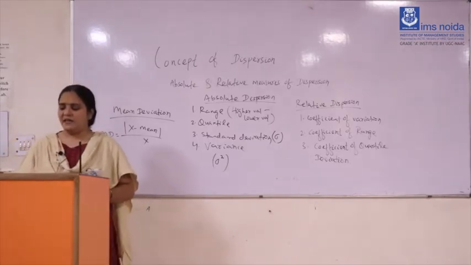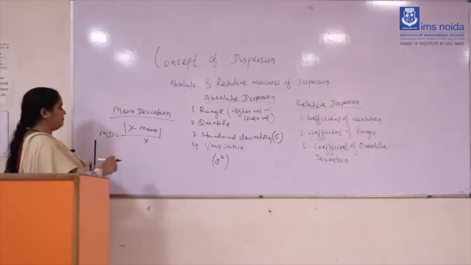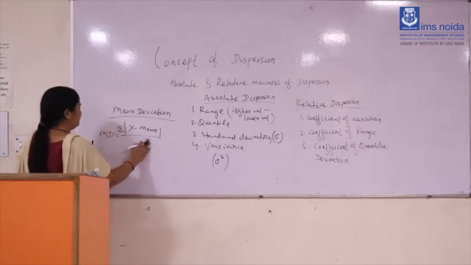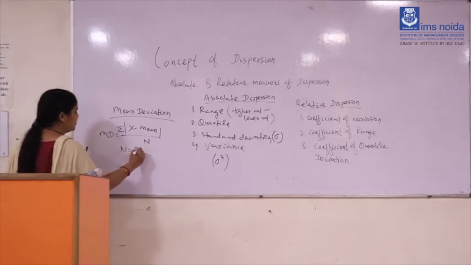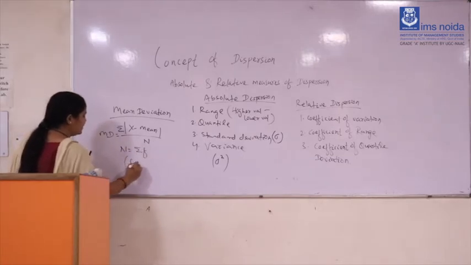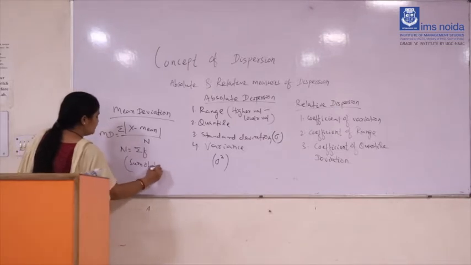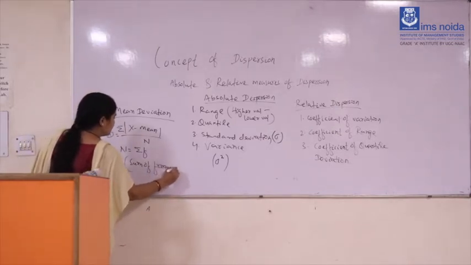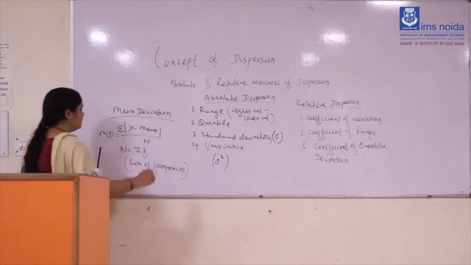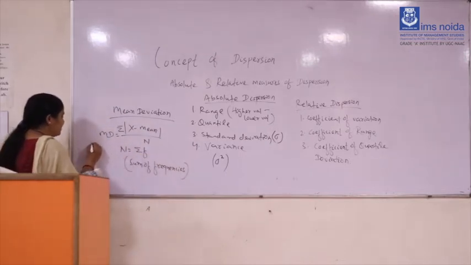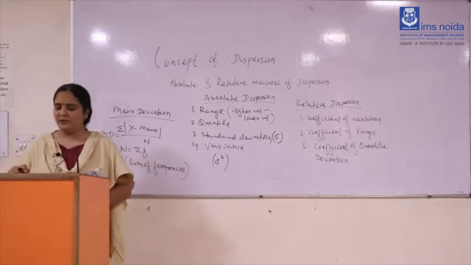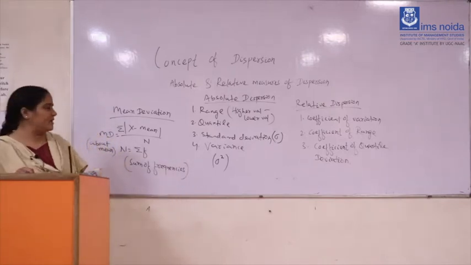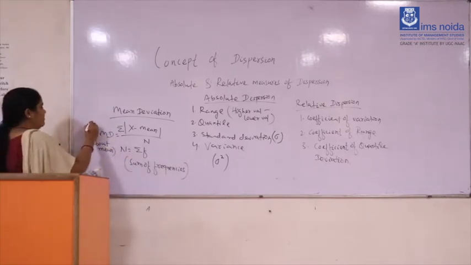Here n means summation f, which is known as the sum of frequencies. So this is the mean deviation about mean. In this way you can calculate the mean deviation, first formula.